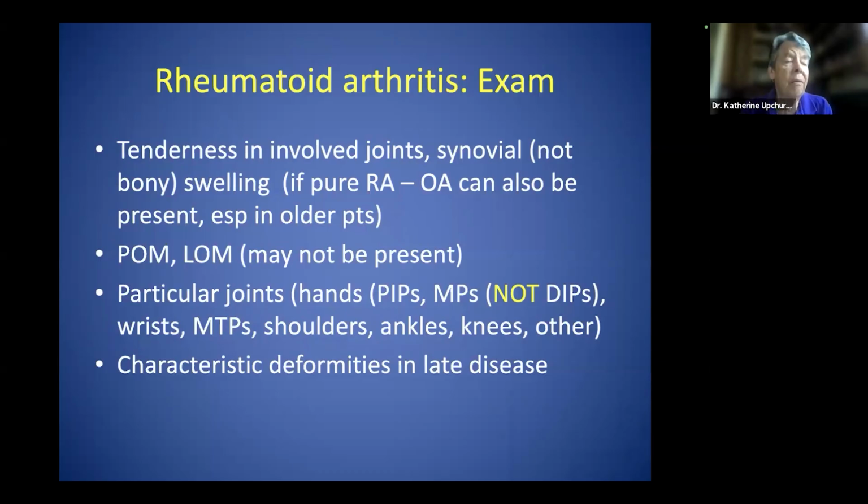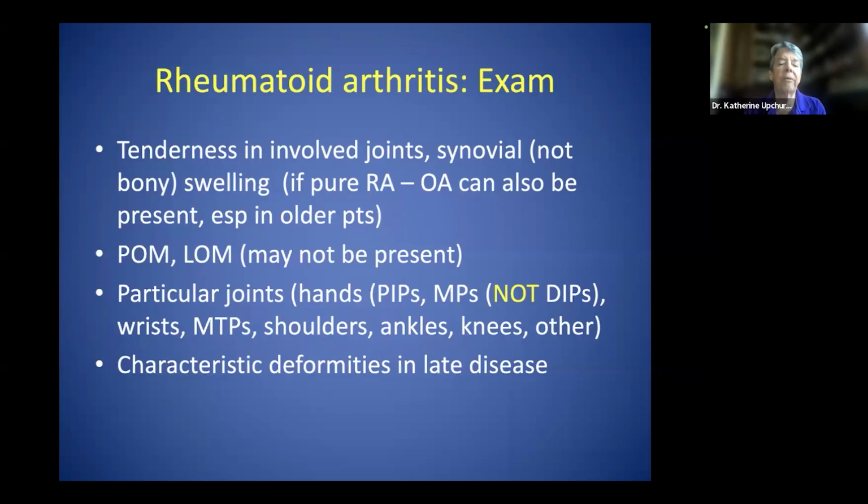In classic cases, particularly early, a patient will complain of severe pain when they wake up in the morning, and by early afternoon, they don't have any pain, and often they have no findings. So that's a situation where you have to listen to the patient and believe the patient to make the diagnosis.